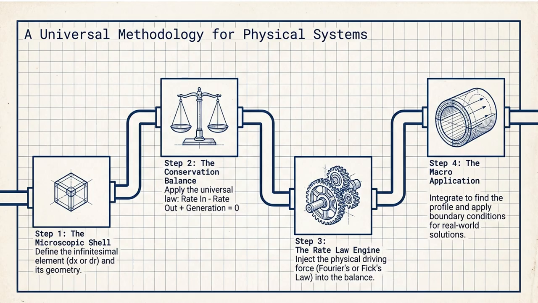After substituting those expressions into the conservation balance equation, we'll get a second order differential equation in terms of the quantity whose profile we want. So like in case of heat transfer, we'll get a second order differential equation in temperature, and in case of mass transfer we'll get a second order differential equation in concentration.